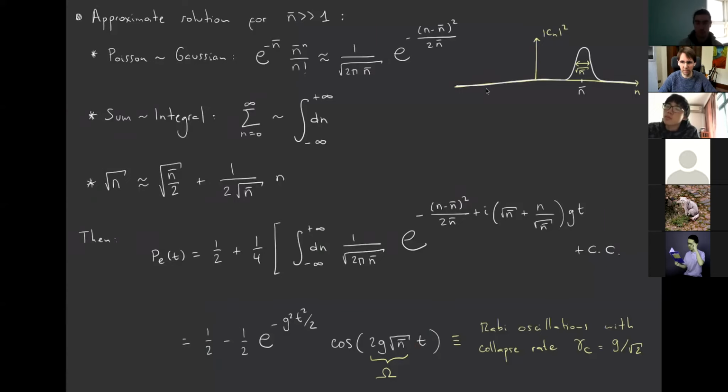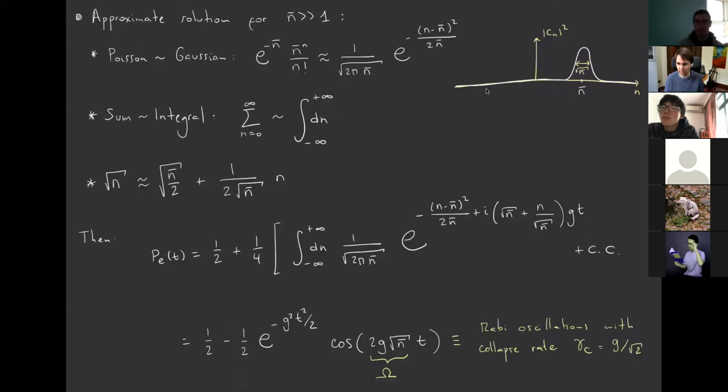But how about the revivals? The revivals are the difficult part of this story, because from this approximation alone, we actually don't get any revivals. This probability of being in the excited state will collapse to 1/2 for times larger than square root of 2 over g, and then we will never have anything again.